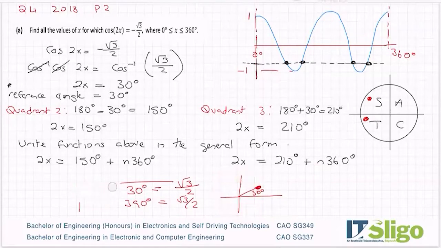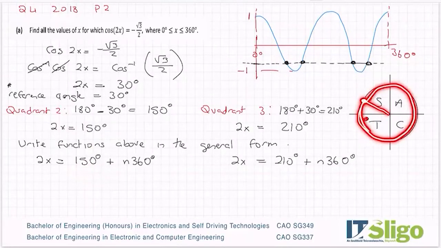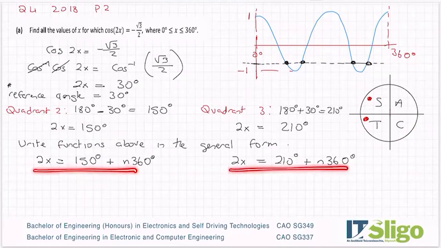So what the general form is telling you is that 2x for this particular one is equal to 150 degrees, which is out here someplace, plus any number of 360 degrees rotations. Okay, so I hope that makes sense. So once you have it in this form, then you can divide across by 2, okay?